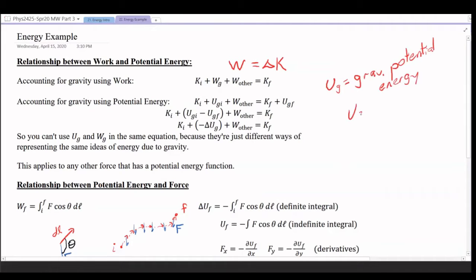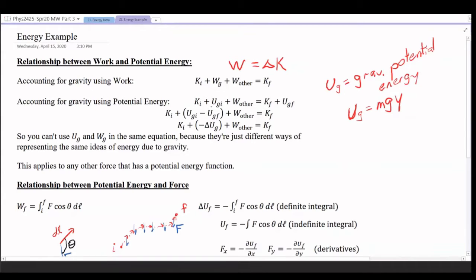And U_G is equal to mgy. So you take the weight of the object, that's the mg, multiply it by your y value. Wherever you set the origin is fine. You just measure y values from there, and that is your U_G value.